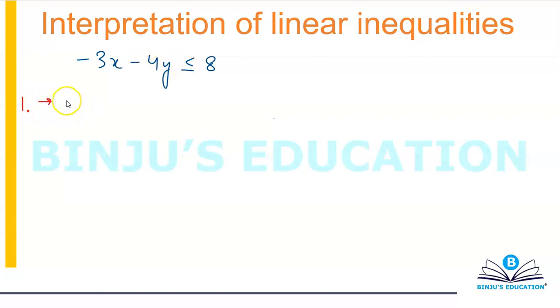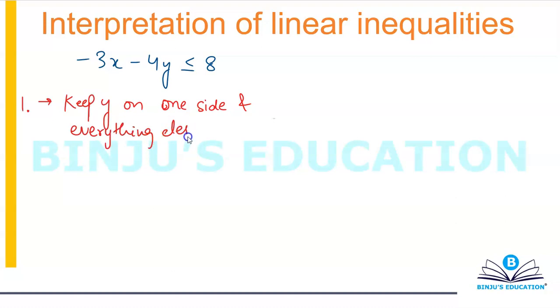First thing is, keep y on one side, and everything else, which basically means the x part and the constant part, on the other side. Keep y on one side and everything else on the other side.